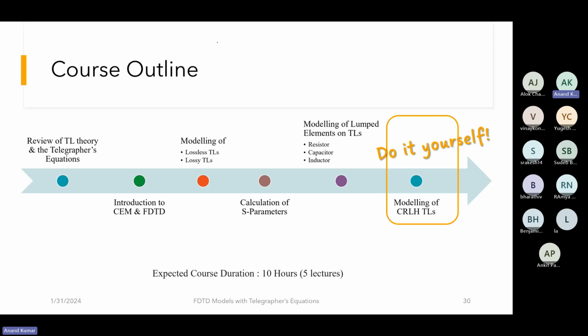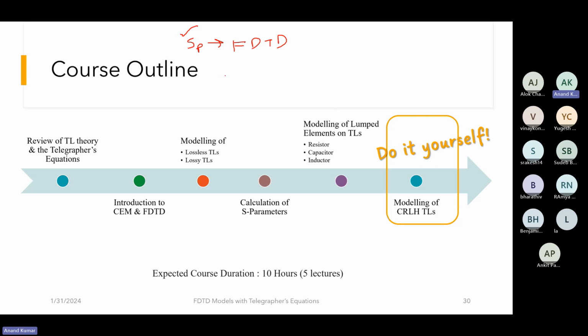Okay, so what you need to do is calculate the S parameters from your FDTD model. Sorry, I'm writing very slowly because I'm using the mouse pad from my laptop. To verify whether our model is working correctly, we have got S parameters from here.